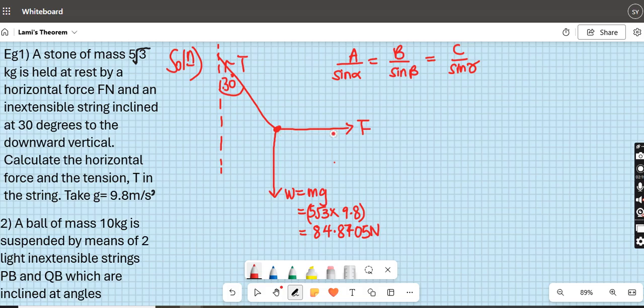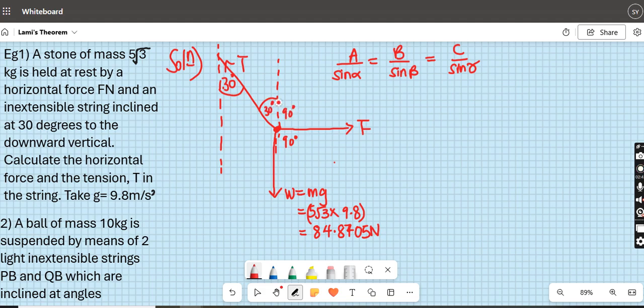So when we look at the angle between F and W, it is a 90-degree angle, a right angle. Now, this string is inclined at 30 degrees to the downward vertical. If we draw a parallel vertical line here, we are going to have alternate angles, and then we will also have a 30-degree angle here.